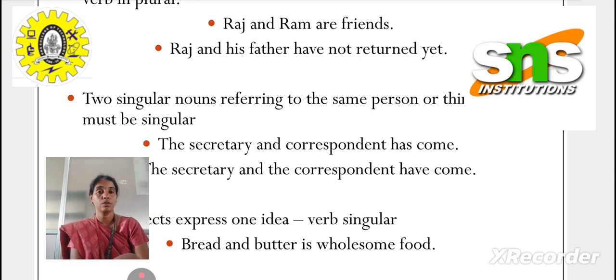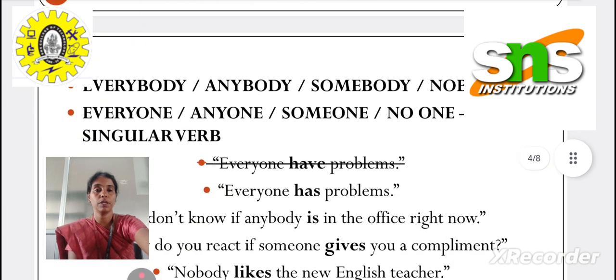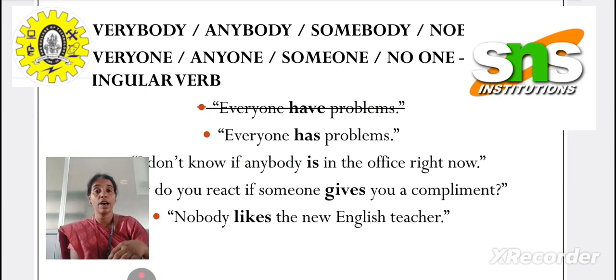You have to first understand whether the subject is singular or plural, even if it is in a combination. These are the basic rules of subject-verb agreement. And you have so many other rules, using an adverb or collective nouns, so let us discuss them in the next video.